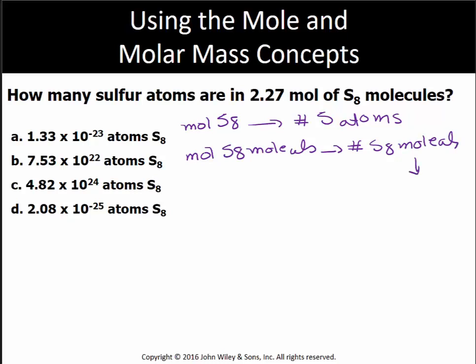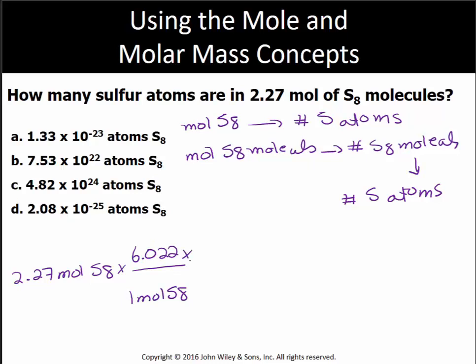And once you find the number of S8 molecules, you're going to find the number of sulfur atoms. So we have 2.27 moles of S8 molecule. Each mole of S8 contains Avogadro's number of S8 molecules.